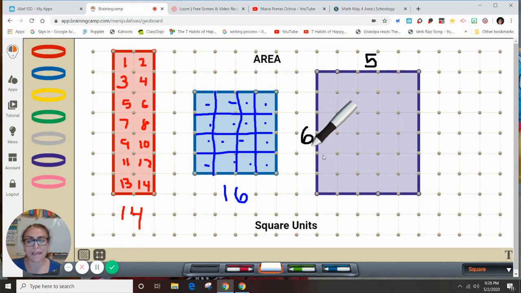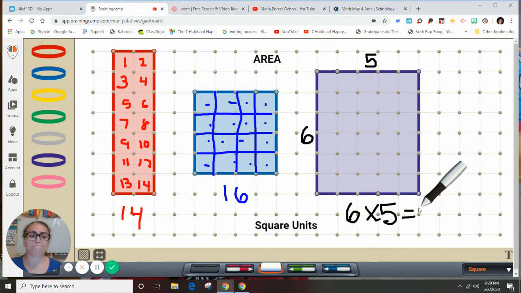6. If I multiply the number of rows and columns, I'll be able to know the number of square units. So 6 times 5 equals, are you thinking? 30.